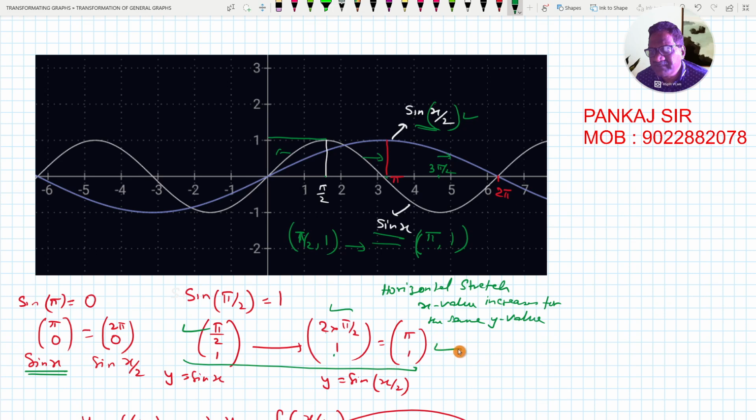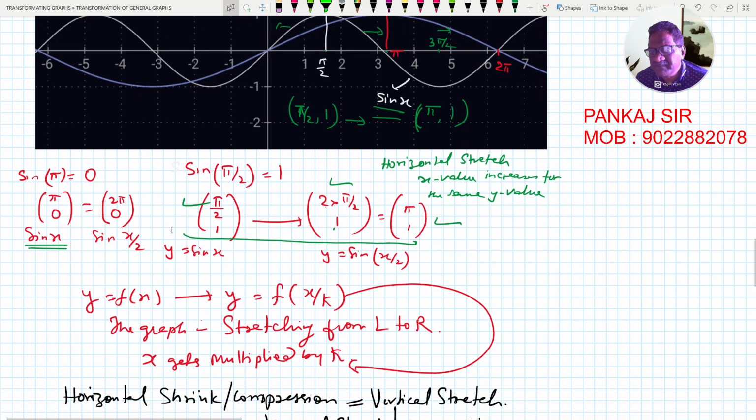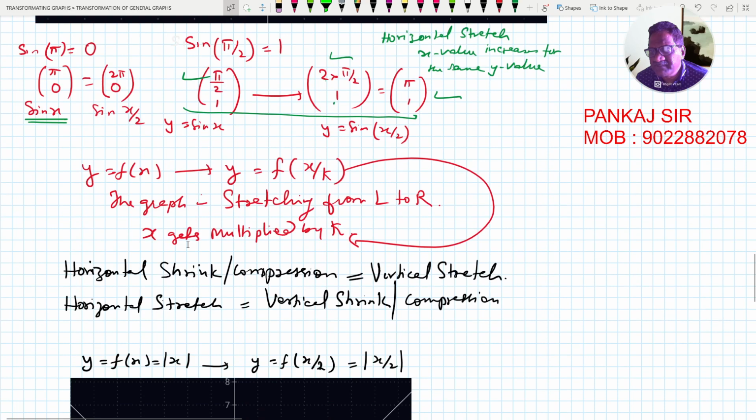The x value will be increasing because it will get multiplied by that k factor, right? So all these were examples of these four transformations that I wanted to teach you.